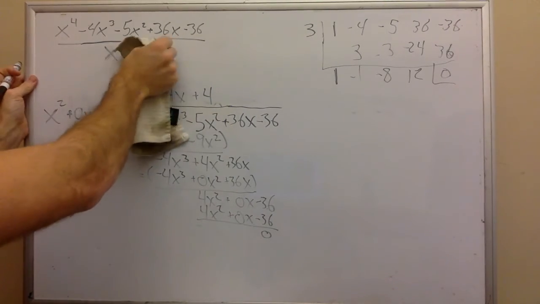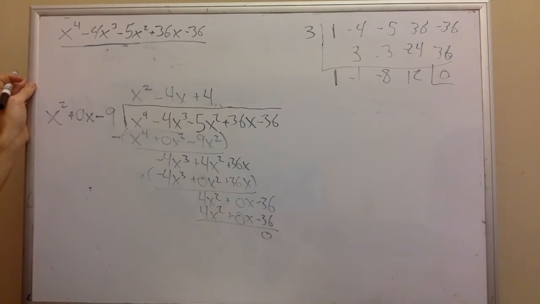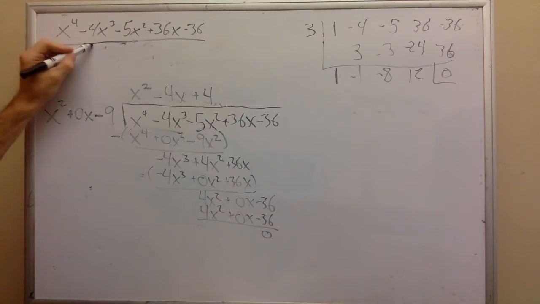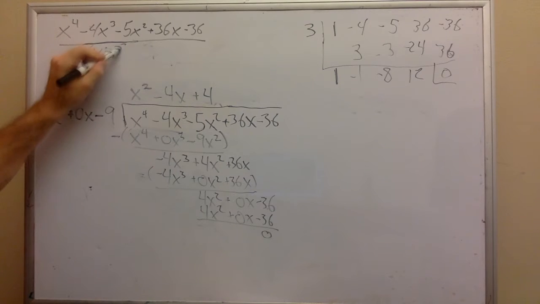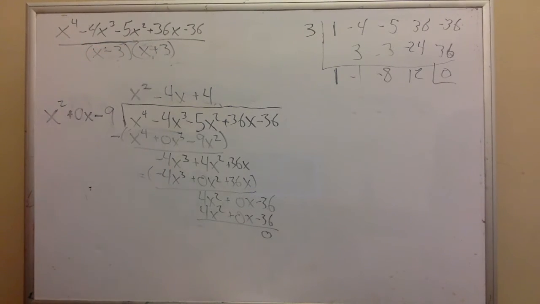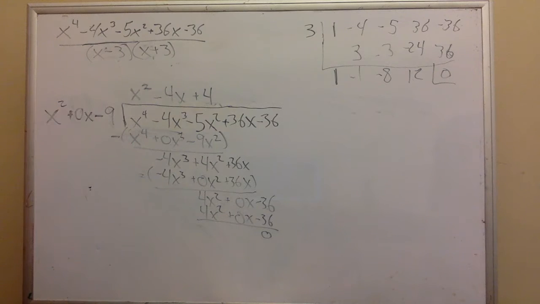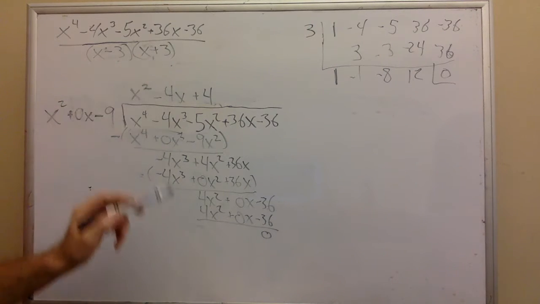So I could replace this x squared minus 9 with x minus 3, x plus 3. Now remember that right here I divided by x minus 3. Well, now all I need to do is to divide by x plus 3.